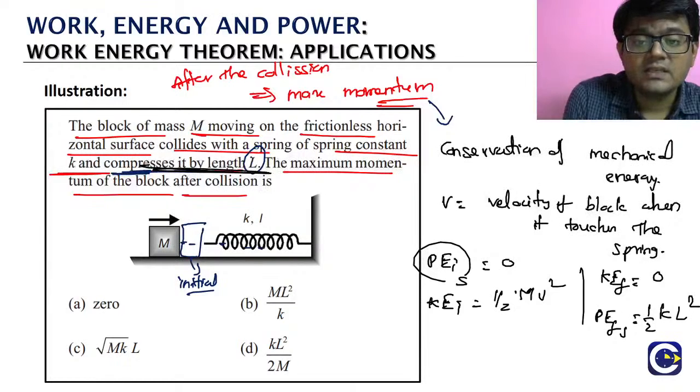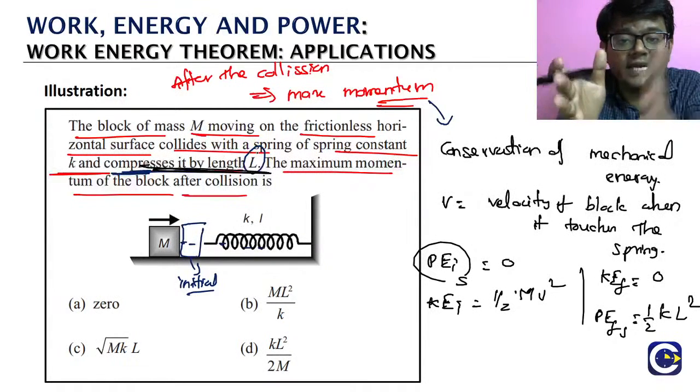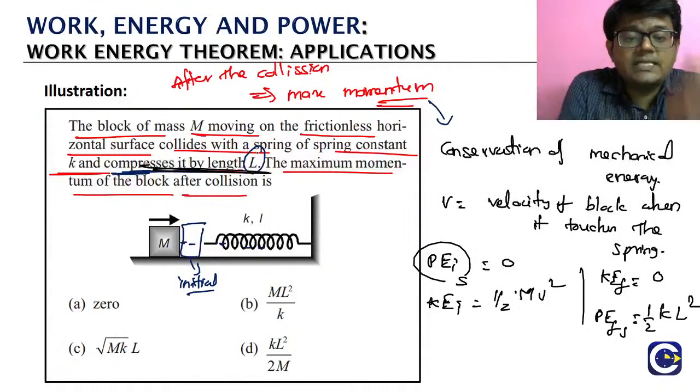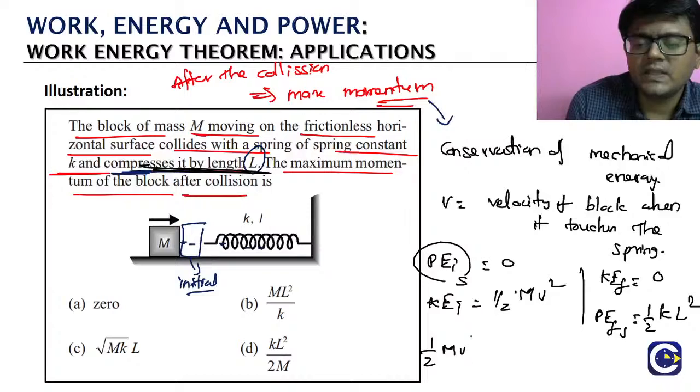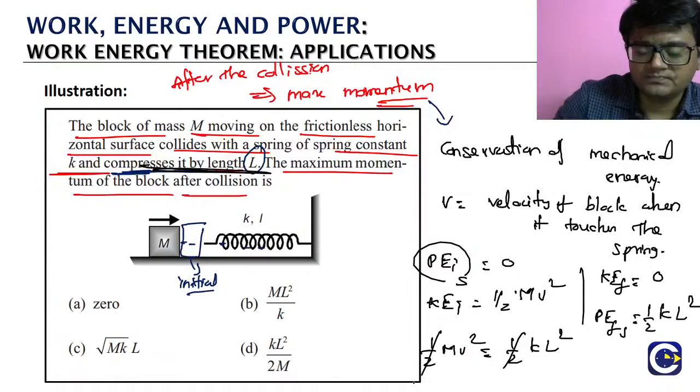They are saying the block is colliding with the spring and compressing it by a length L. Now, conservation of mechanical energy: initially whatever the kinetic energy and potential energy is, equals the final. Here a half will cancel.